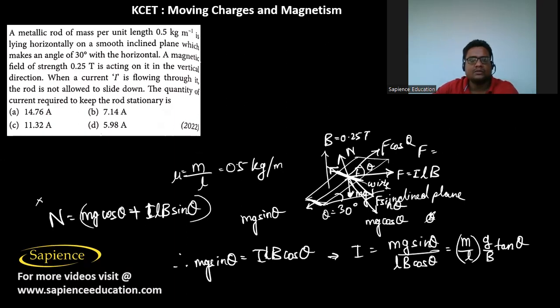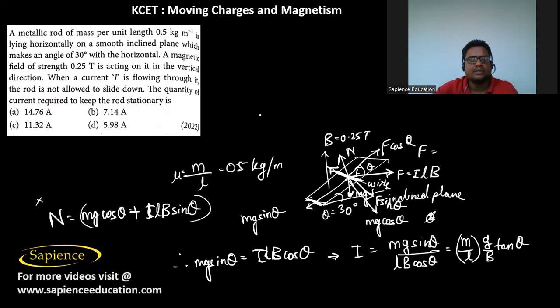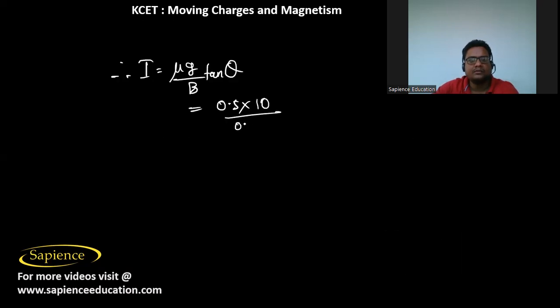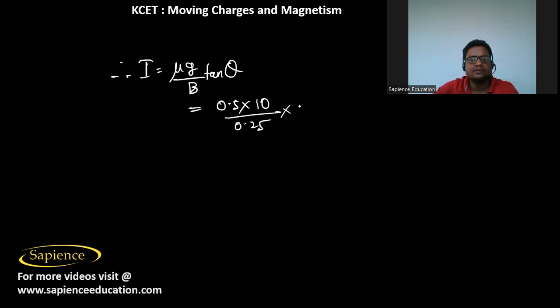So mu is 0.5, g is equal to 10, divided by B, which is 0.25, into tan theta, tan 30 degrees, which is 1 by root 3.